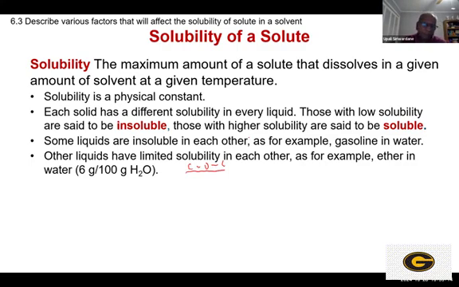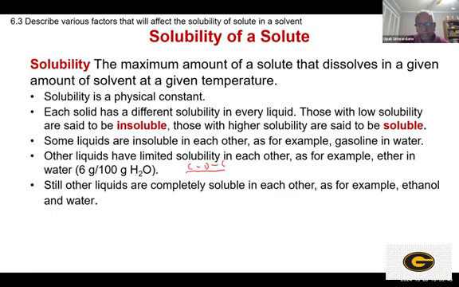Therefore, it's a little polar. Water is highly polar. Therefore, ether solubility is limited. When you add more ether, the ether separates out. Solubility is dependent on the temperature. The amount of ether is 6 grams per 100 grams of water. That's how we express solubility.